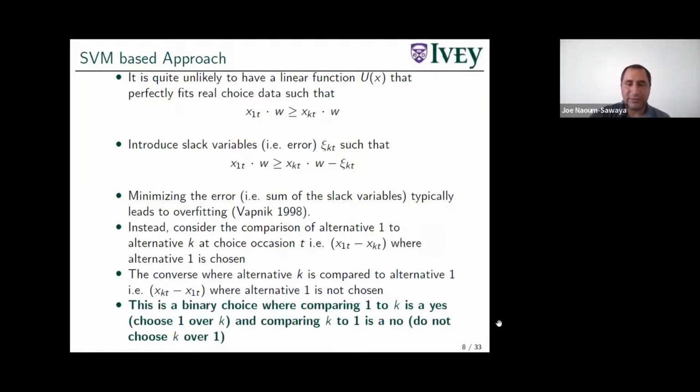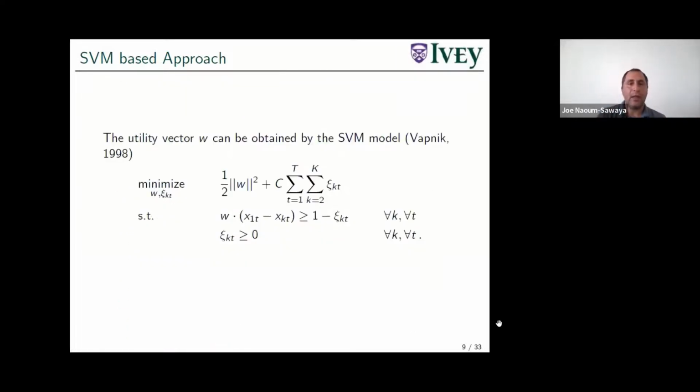Yeah, so that's just what I just mentioned. So you have this binary choice when comparing two products, 1 and k, and you have a yes, no decision. Yes, I choose 1 over k. No, I don't choose k over 1. So basically, the utility function, this weight vector W, can be learned by this optimization model, this convex optimization model, which is very, very similar to the SVM model of Vapnik in 1998.